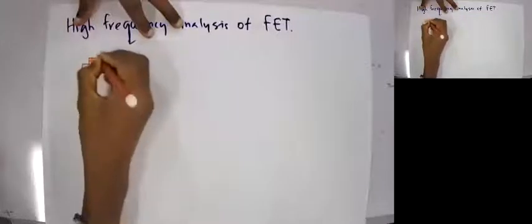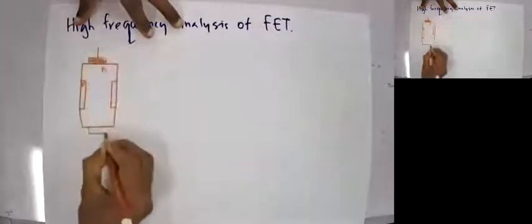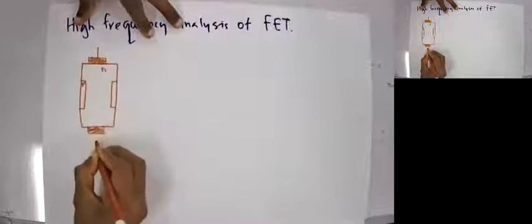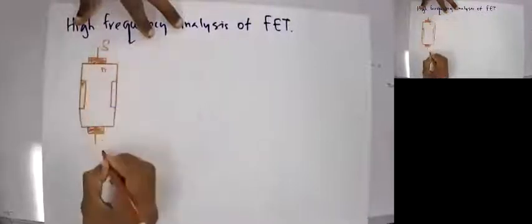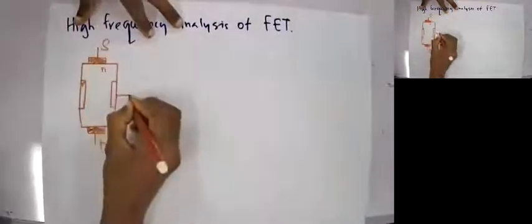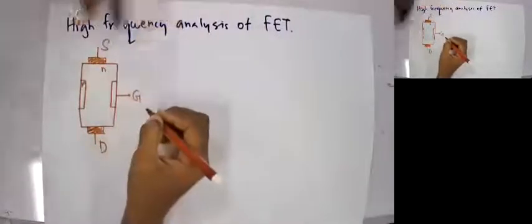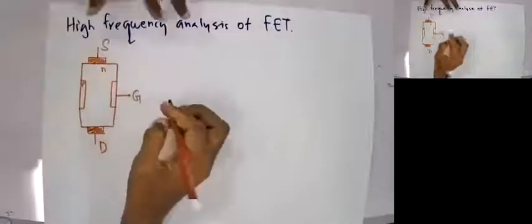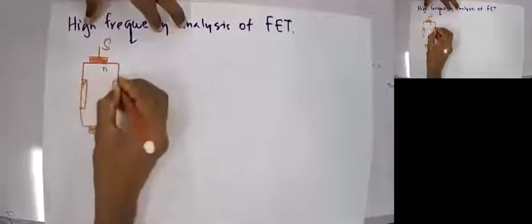So these are ohmic contacts. I have source and drain, and this is my gate. Since I have a PN junction, I will have a depletion region across this PN junction.